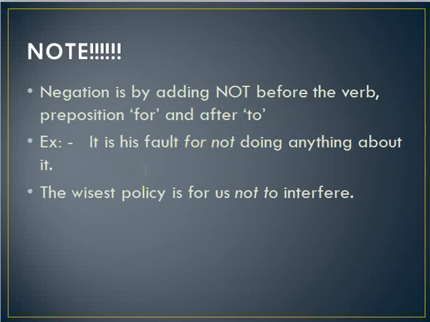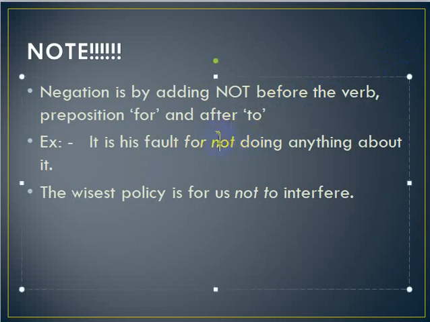So it is his fault for not doing, as I said, before the verb and after the preposition, which is for. The verb is doing, and the preposition is for. So it is after the preposition for.